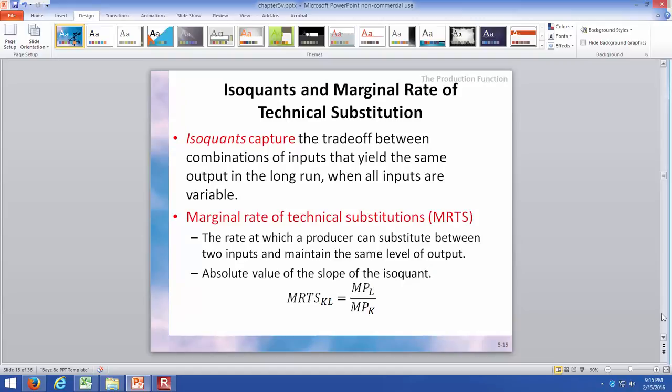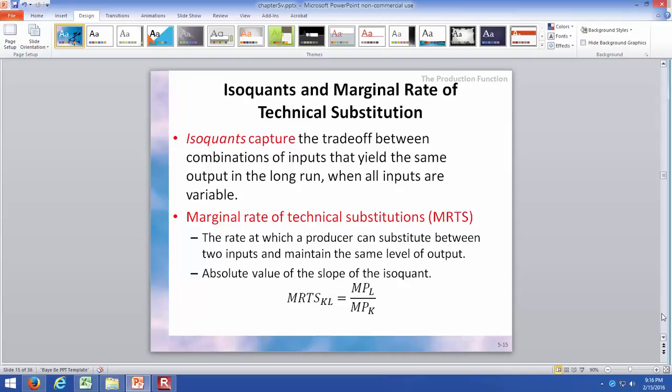Now we also want to talk about the isoquants and the marginal rate of technical substitution. Isoquants capture the trade-off between combinations of inputs that yield the same output in the long run when all inputs are variable. So what we are assuming here is that the output is fixed, but we are looking at the trade-off between capital and labor. And the marginal rate of technical substitution tells you the rate at which a producer can substitute between two inputs and maintain the same level of output.